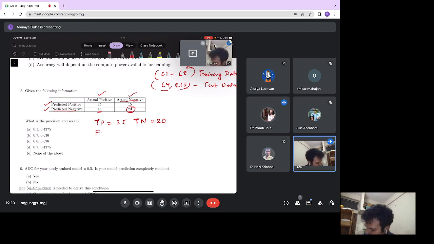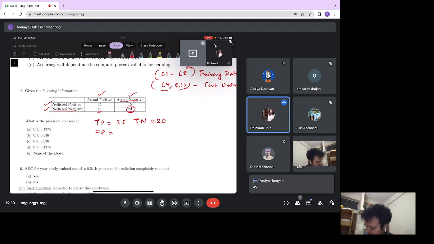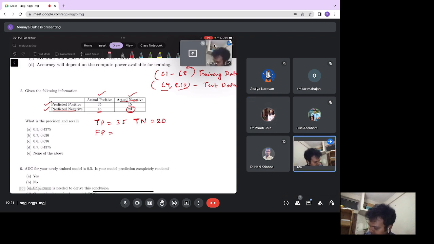Okay, false positive. False positive is 15. You have predicted positive, but it is actually negative. So you have predicted it to be falsely positive, and therefore that is 15.